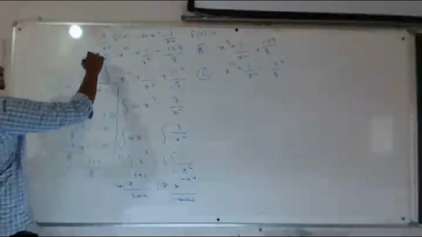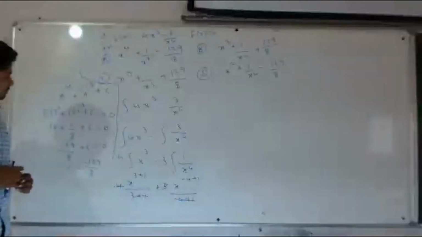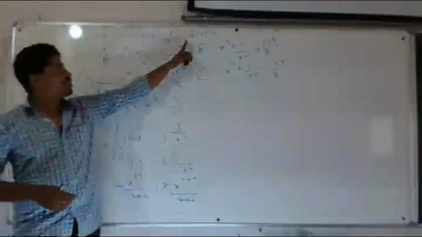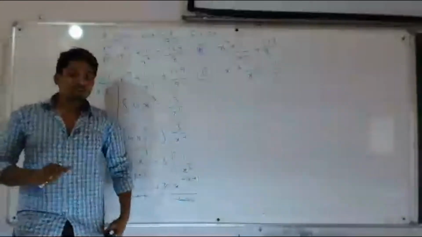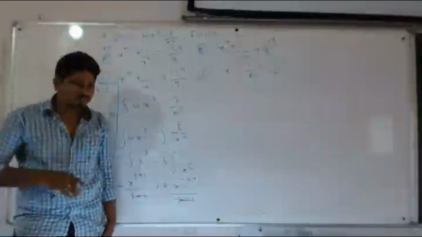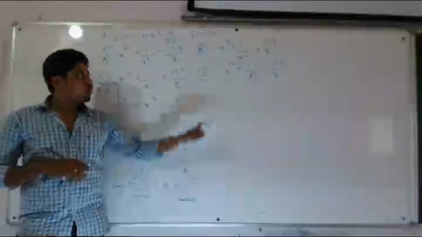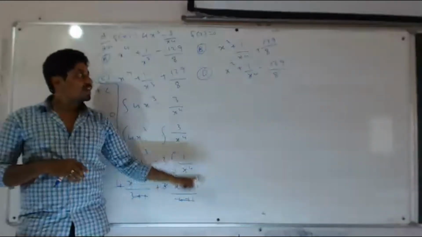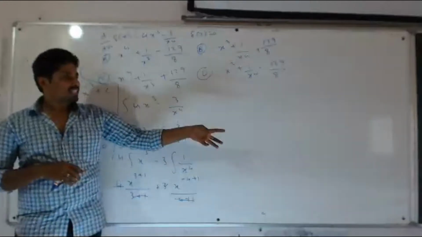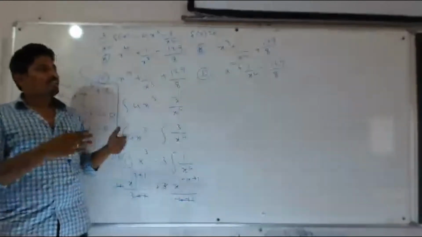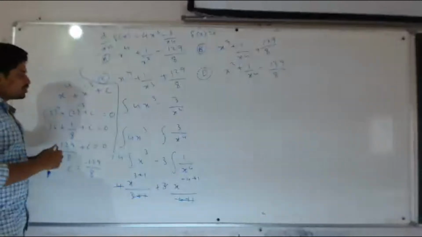This is the answer. Go through the steps, all of you. This f of 2 equals 0 they have given in order to find the value of c, so we use this at the final step to calculate c. It means if you put x equals 2, the functional value will be 0.